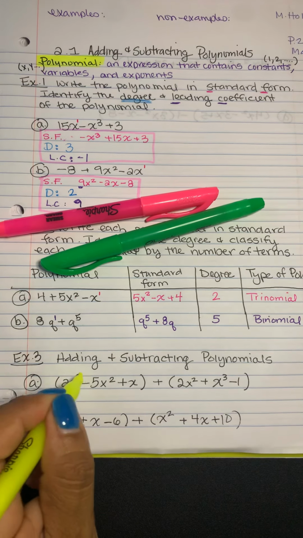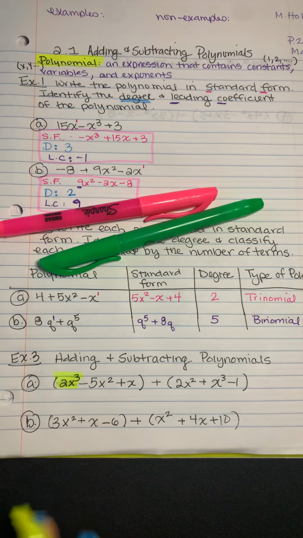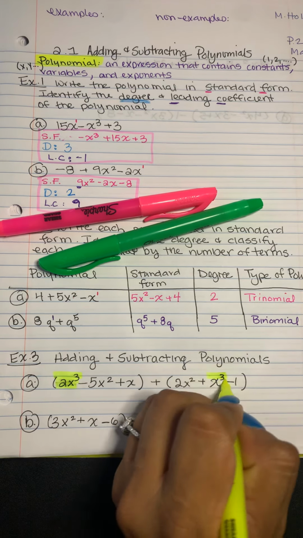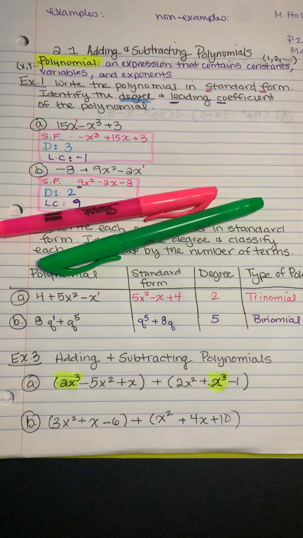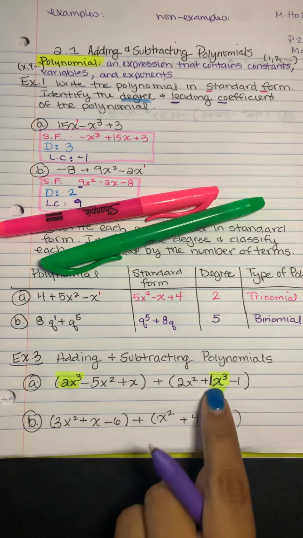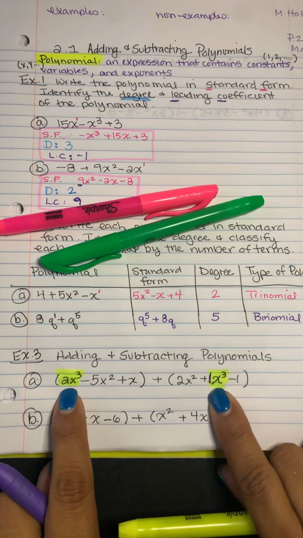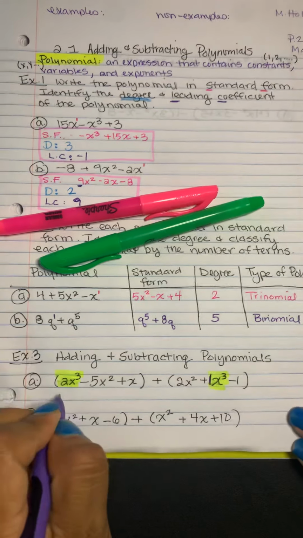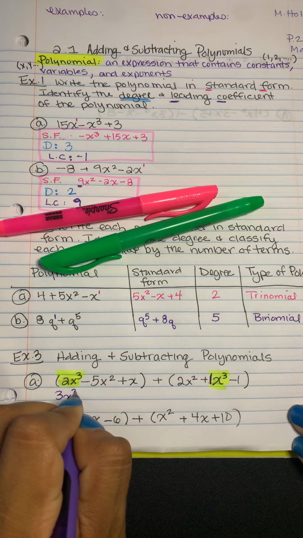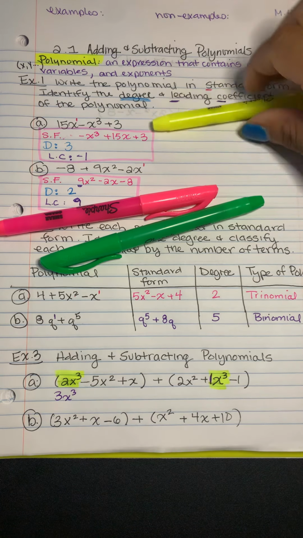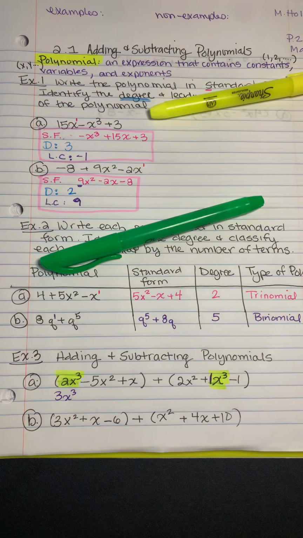I have 2x to the 3rd power, and I have positive x to the 3rd power. Now, there's an imaginary 1 there. They're both positive, so we're going to add the 2 and the 1. 2 plus 1 is 3. 3x to the 3rd power, 3x cubed. And that's how I'm going to do it.